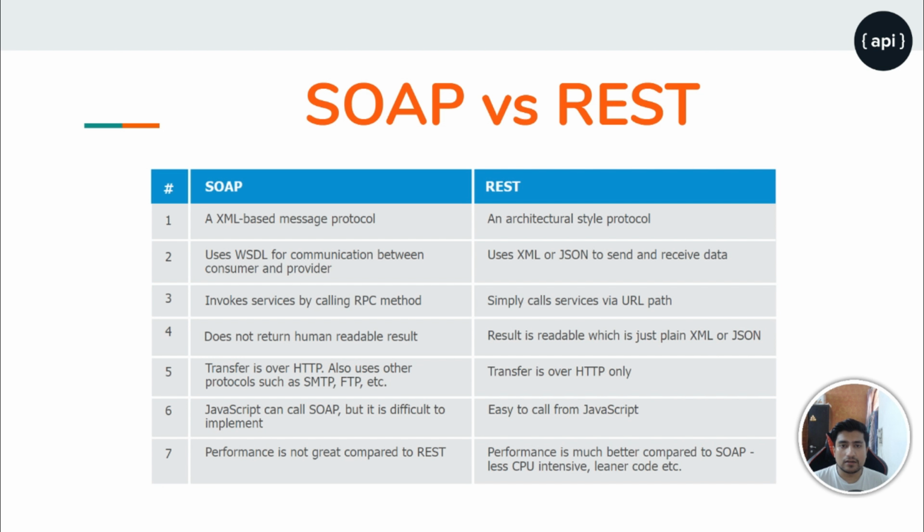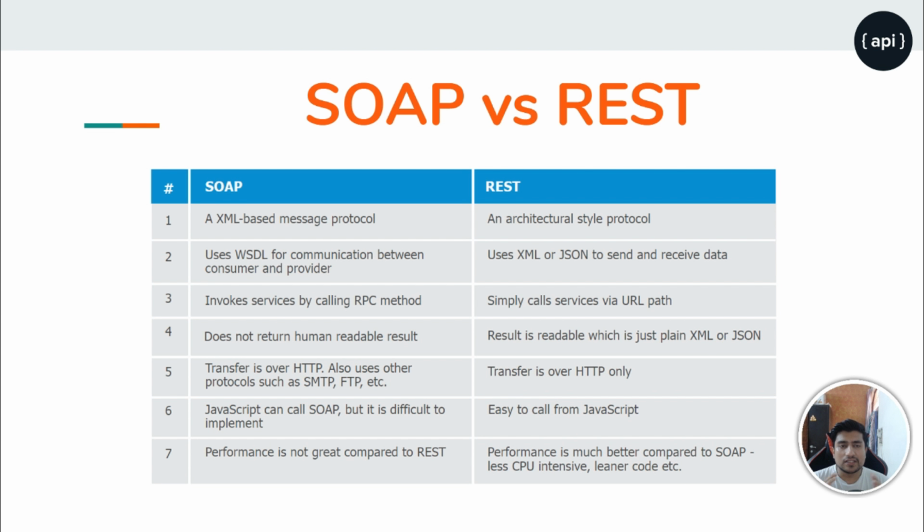So let's understand the major difference between SOAP and REST. Guys, please understand this is one of the important, major interview questions, especially for API testing. The major difference is very simple. SOAP is basically an XML based messaging protocol, whereas REST is an architectural style.